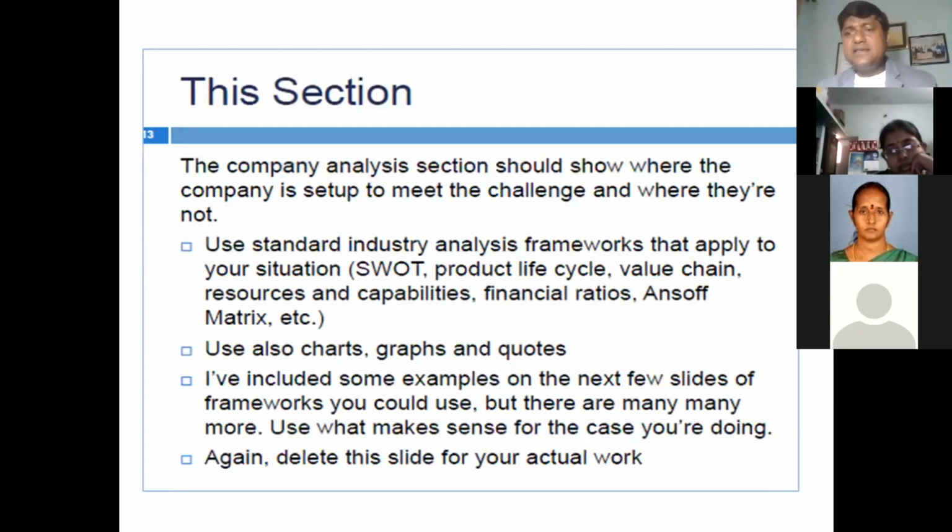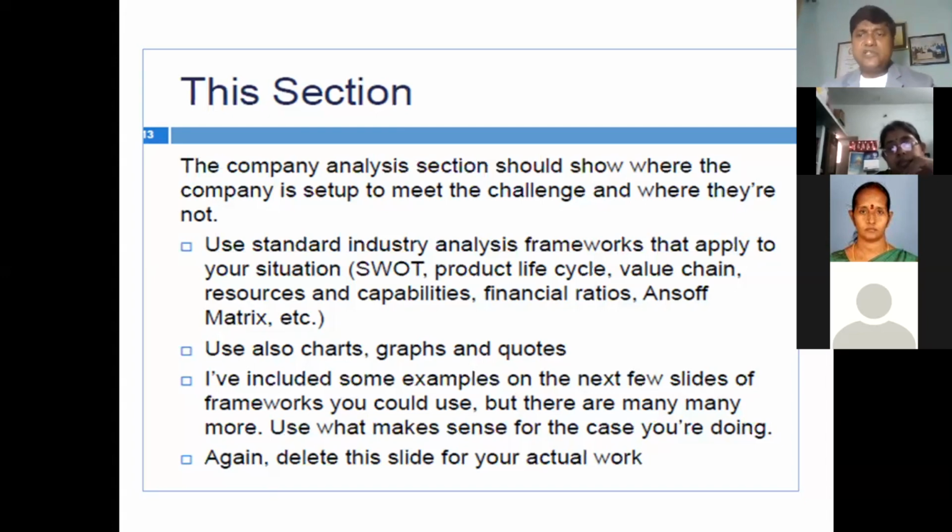Now, company analysis, if we're doing it on company XYZ, is about how that company is doing in that particular industry with respect to other companies existing in that industry segment. Here we can do the SWOT analysis. Whenever we do case studies in our classes, we encourage students to do the SWOT analysis.